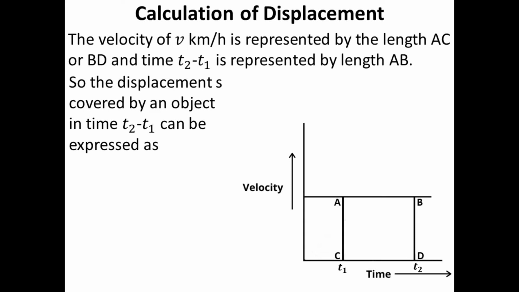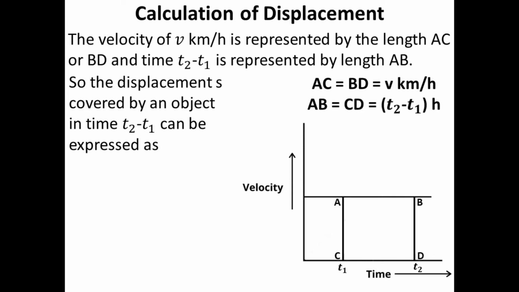The velocity of the object is represented by the length AC or BD, and the time t2 minus t1 is represented by the length AB or CD. So, the distance or the magnitude of displacement moved by an object in time t2 minus t1 can be expressed as S equals to AC multiplied by CD.